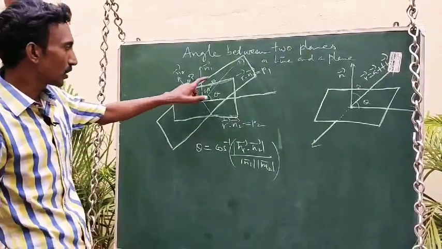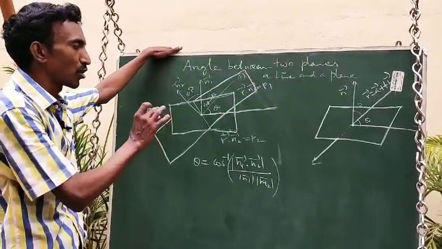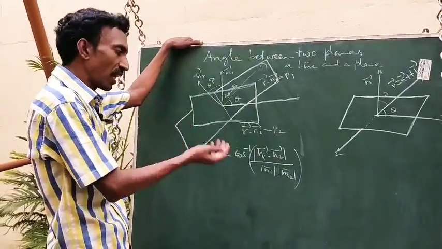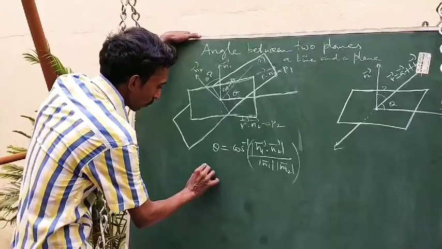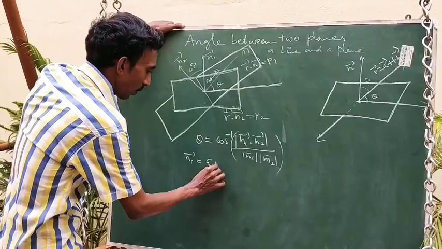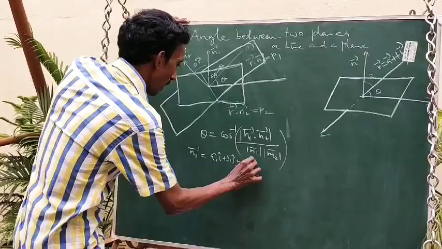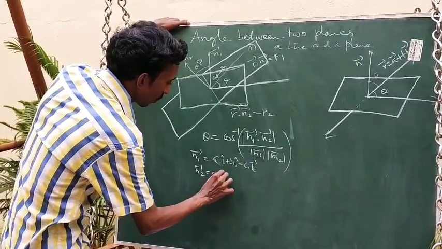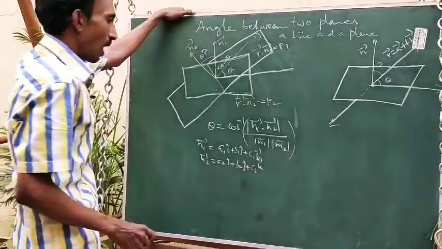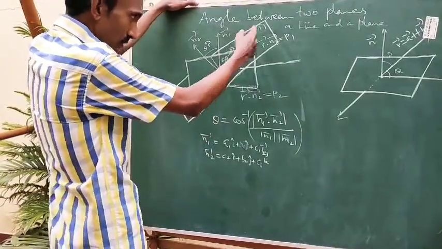Suppose these two planes are perpendicular. If you need, we can write in the vector form, or we can write in the Cartesian form also. Suppose N1 vector is A1i plus B1j plus C1k and N2 is A2i plus B2j plus C2k. Then we convert the equations into Cartesian form.